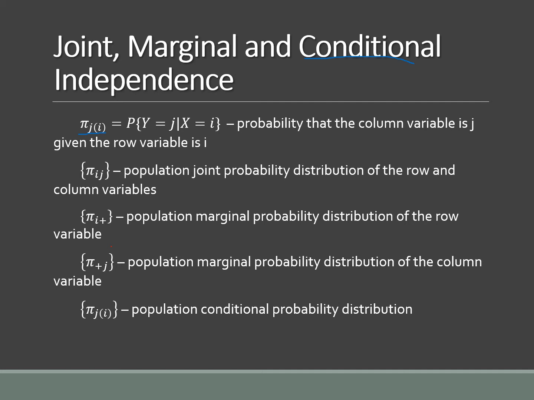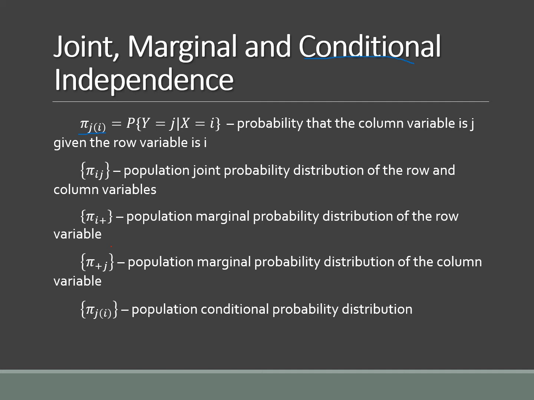So you could have the probability of i given j. If that is the case, you have here pi sub i, and then inside the parenthesis j, then that is the conditional probability of the row variable knowing the value of the column variable. Okay, so you could interchange. You need to be specific.